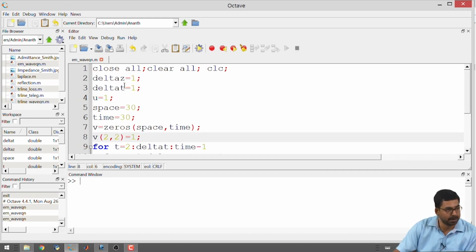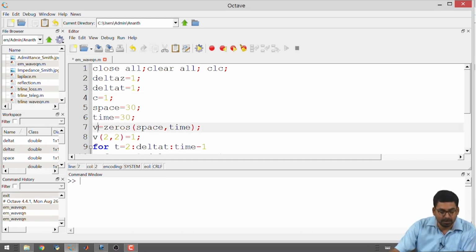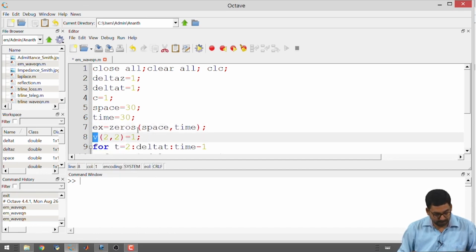ΔZ can remain as ΔZ because the propagation direction that we assumed in yesterday's class is Z. ΔT can remain as ΔT. Space can remain as space, time can remain as time. U was changed to C. So, I will make that change, C is equal to 1. V was changed to Ex.